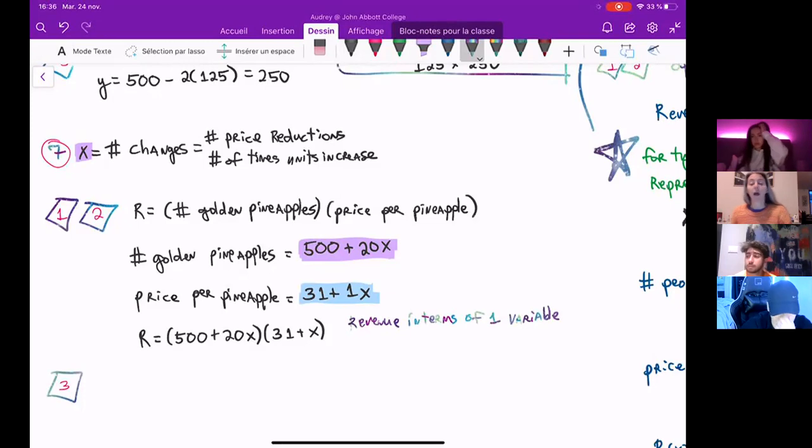So we want now our step 3, 4, 5, always the same: critical values, second derivative test, answer the question. Since I need to find my first and second derivatives, it definitely makes sense for me to expand here. So I'm going to get 500 times 31 is 50.